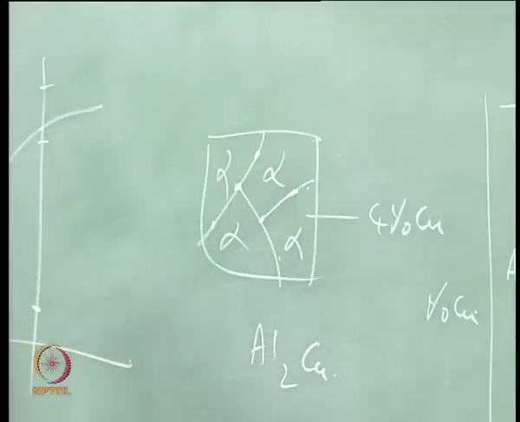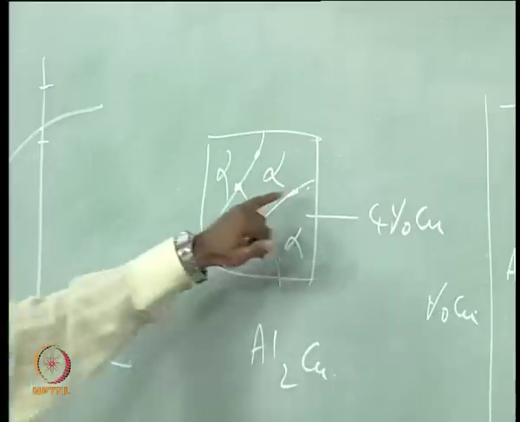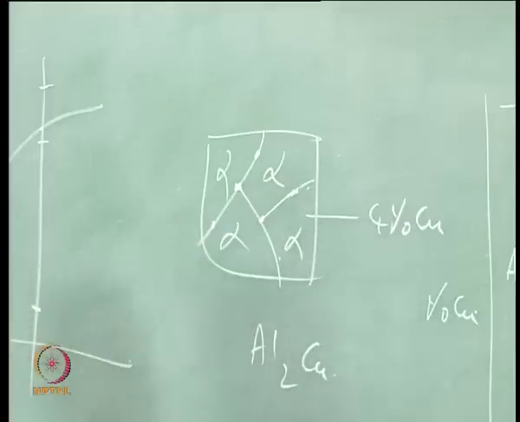So, the system starts searching for ways of second phase formation which do not involve nucleation and growth at the grain boundary. That is when the system starts looking for other ways in which the supersaturation can be reduced, because the alpha is supersaturated.